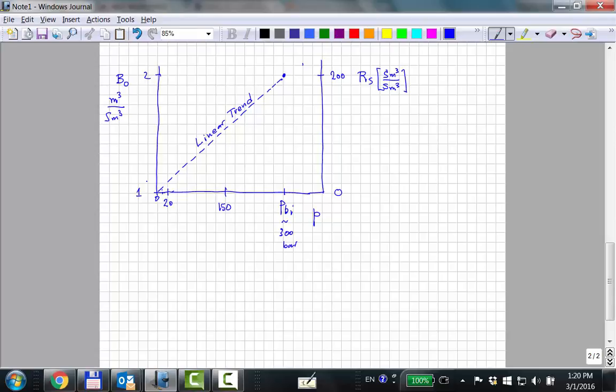Okay? It's not quite that simple, but it's approaching 1. It might be 1.04 or 1.05 because of the temperature difference between reservoir temperature and 60 degrees Fahrenheit. But let's forget that. Let's just say that it's going to be a linear trend going down. That's the simplest way to think of it.